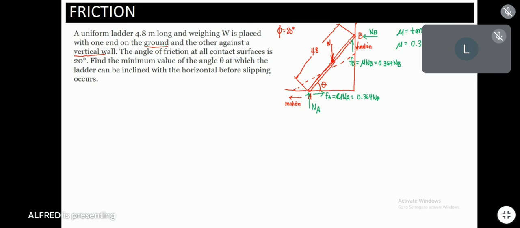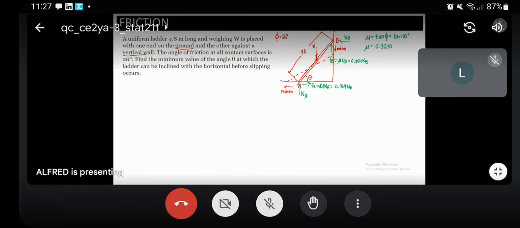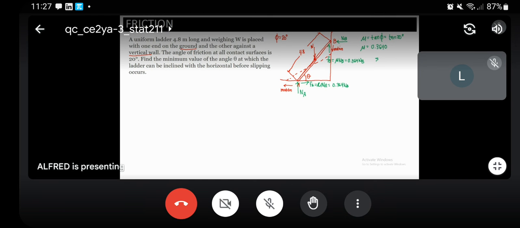Okay, so ilan na lang yung unknowns? 4 na lang. So 4 pa rin. Ilang equations yung pwede nating gamitin? Sige nga. So we can use the 3 equations of equilibrium. So summation moment is equal to 0, summation fx is equal to 0, and summation fy is equal to 0.